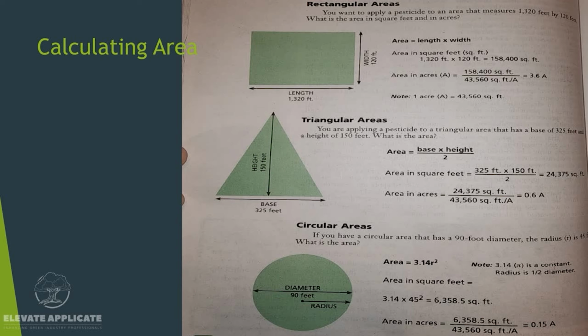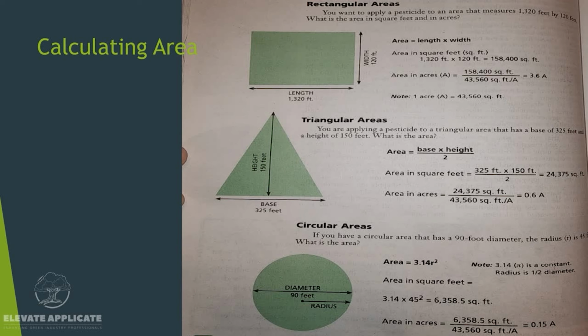Now for circles, how do we calculate that? Well, the area of a circle is pi times radius squared. So this gives us 3.14 as pi because it's a constant, and then radius squared.